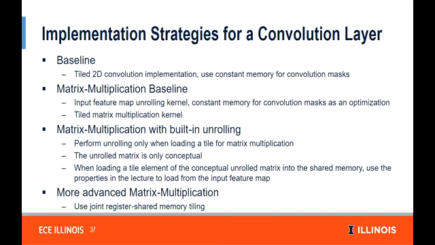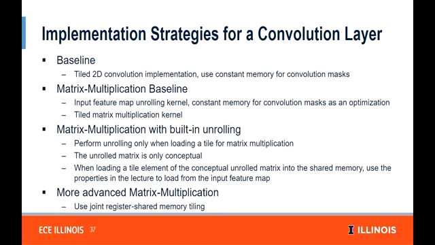That's why this formulation is usually used for all the high performance cuDNN and other implementations. The unrolled matrix is only conceptual, and this is a common trick that many applications use. Oftentimes you will only have a conceptual data structure, and then you access the data using a different data structure, but the conceptual one is there for ease of formulation.